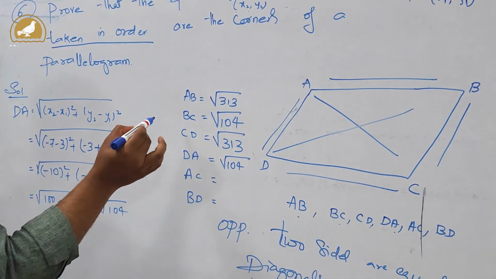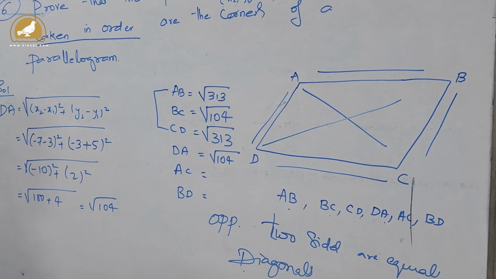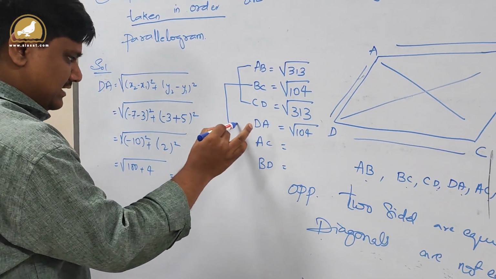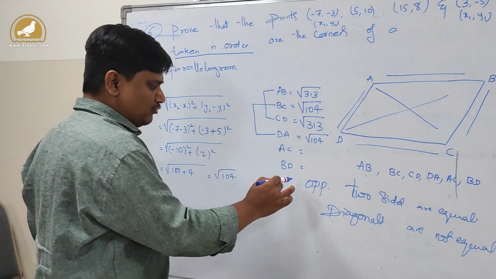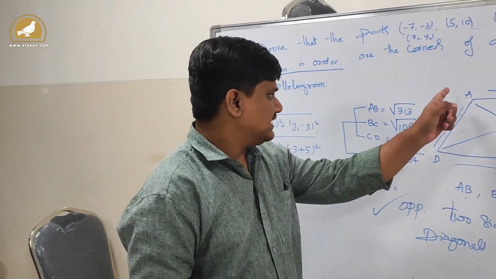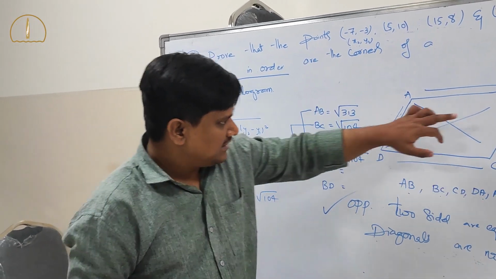As you can see, the values of AB and CD are the same. The values of BC and DA are the same. Till now we are able to prove that opposite two sides are equal: AB and CD are equal, AD and BC are equal.